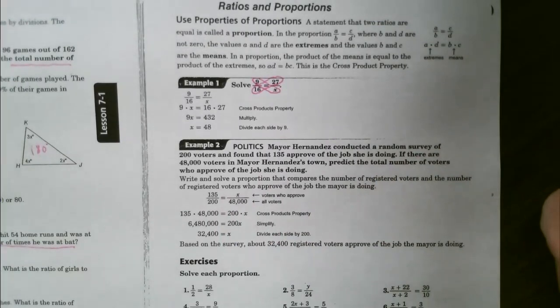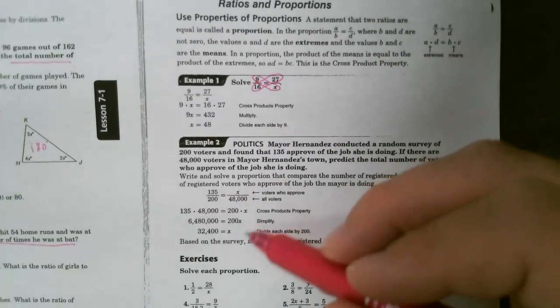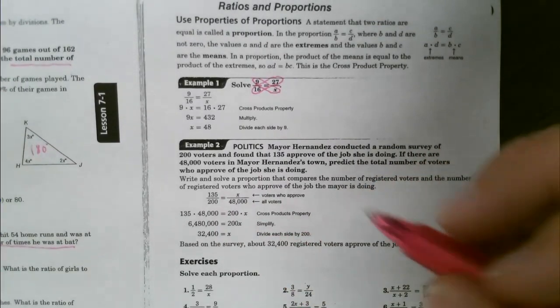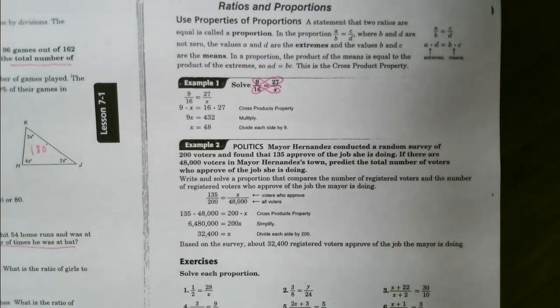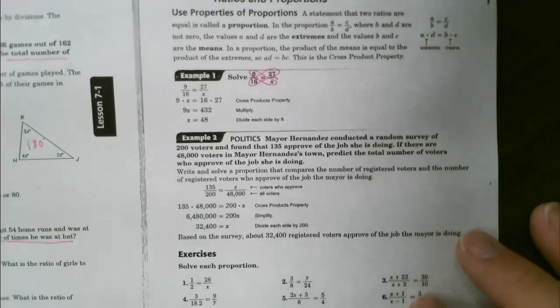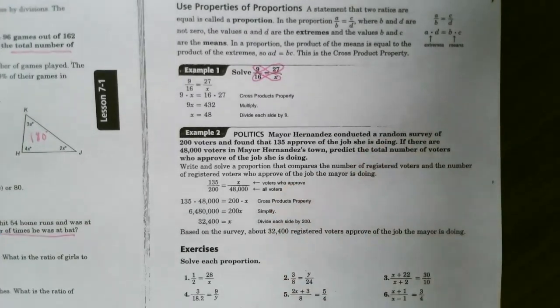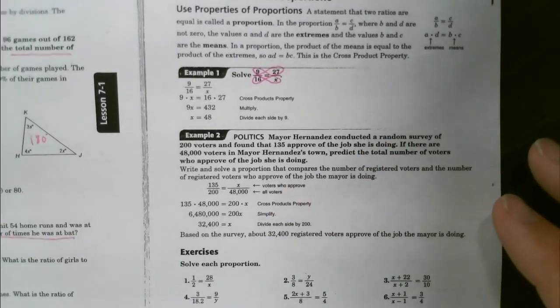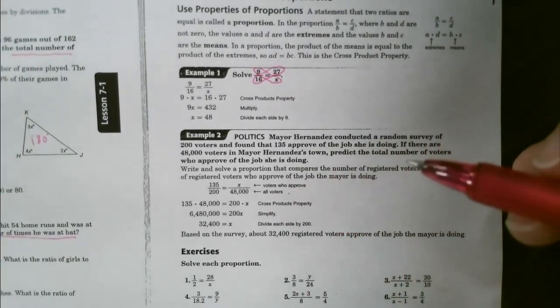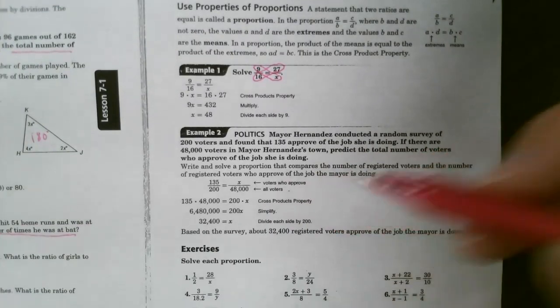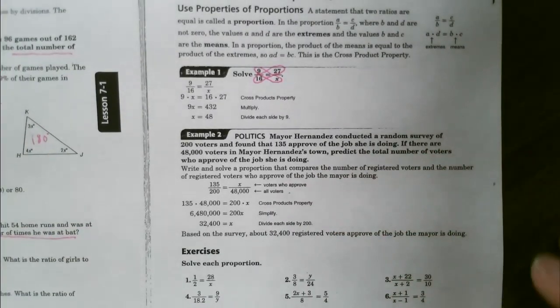Then it's just solving from there. Divide by 200 and you get your answer of 32,400. Again, same idea. On that one, you have to set up your own proportion, but you just have to make sure you're following the same rule each time: the same number on top, same number on bottom for both ratios.